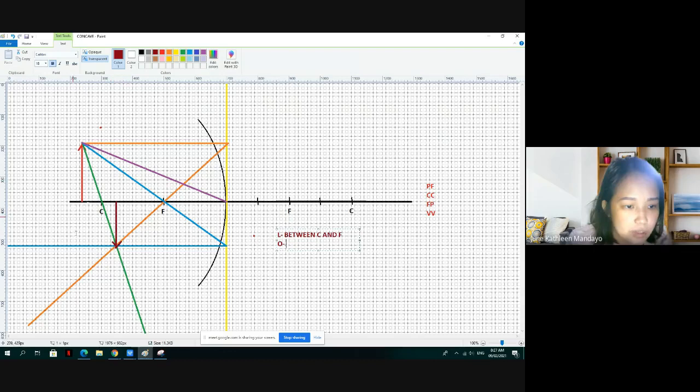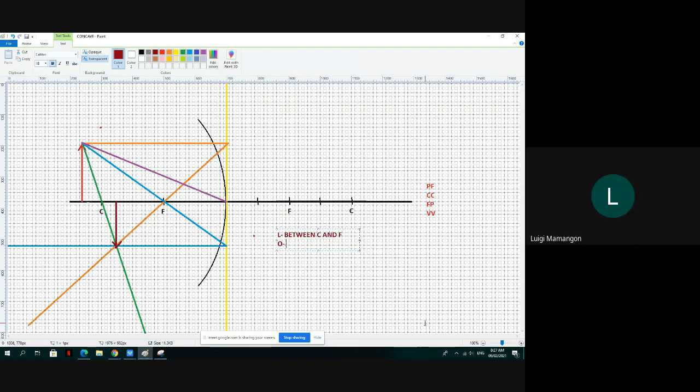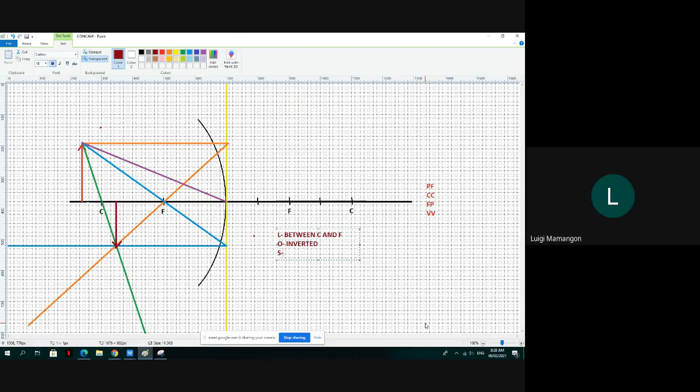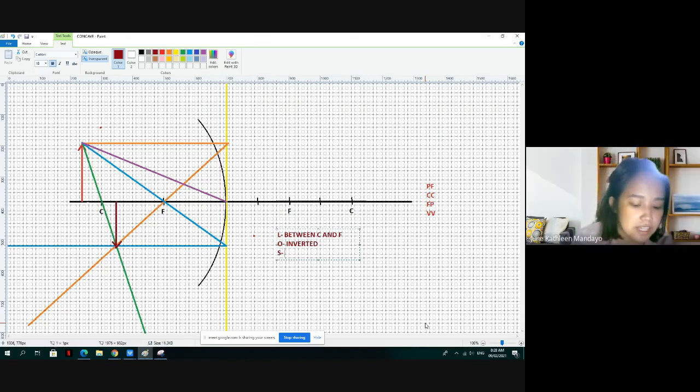Siya ba ay nakatayo o nakabaliktad? Inverted po. Okay, so that is inverted or nakabaliktad. Very good. And then for the size, can you see the size? Do they have the same sizes? Lumiit po. Okay, so parang mas maliit siya, no? So that is reduced, of course.